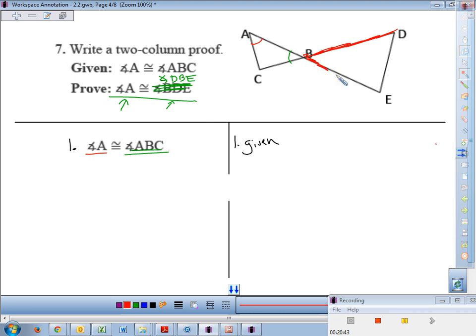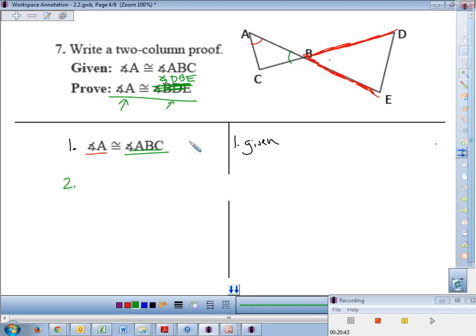If you need to highlight, highlight. If you don't, you can use a pencil. But isn't that angle DBE in that picture? Cool? Can we say anything about it? It's congruent to angle B. There's a lot of angle B's in this picture. These two have something special about them. They're located right across from each other, correct? Vertical angles, right? So let's write it down.